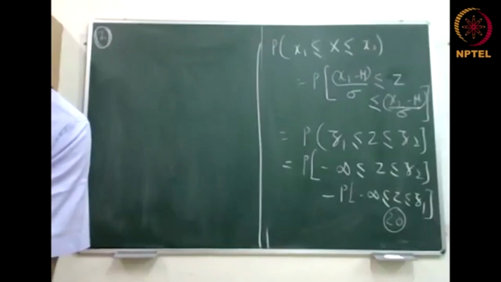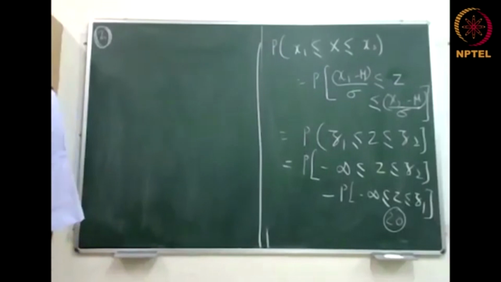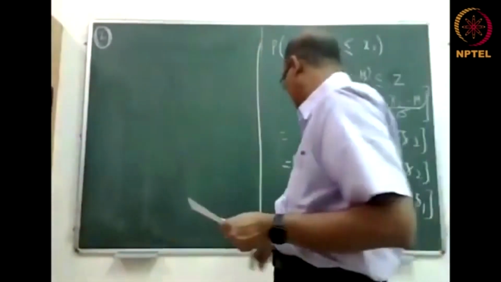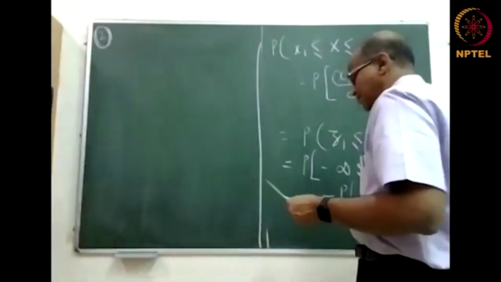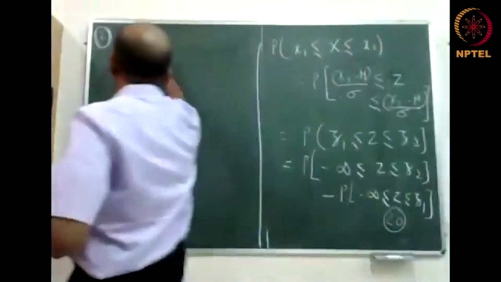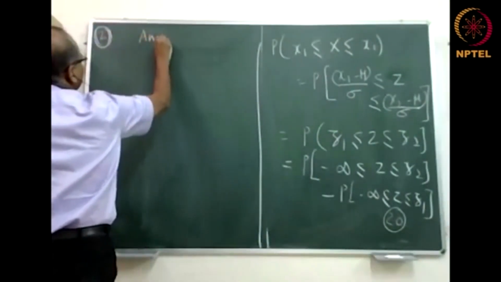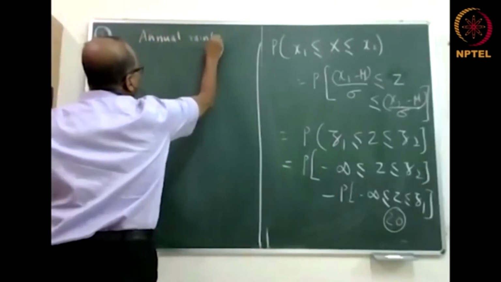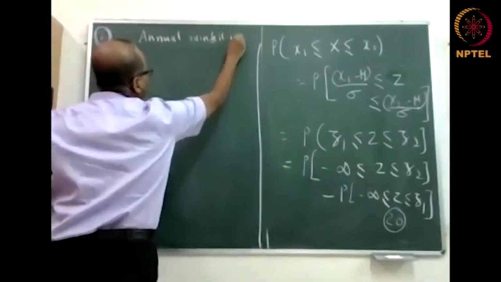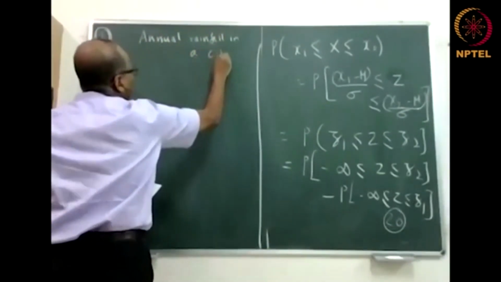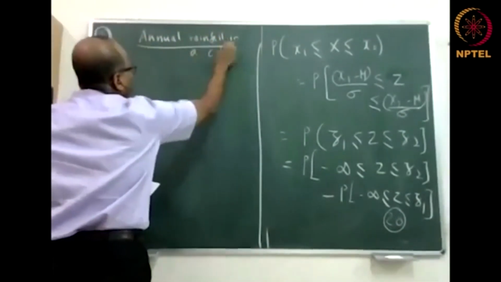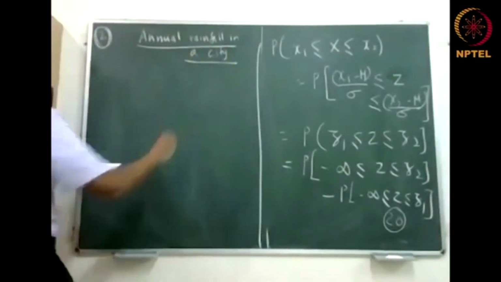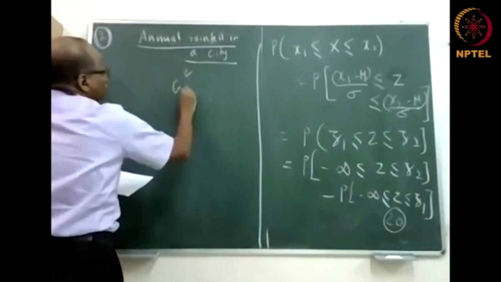The annual rainfall in a city. This problem is about annual rainfall in a city. Let's say it's like Chennai. The annual rainfall in a city follows a Gaussian.